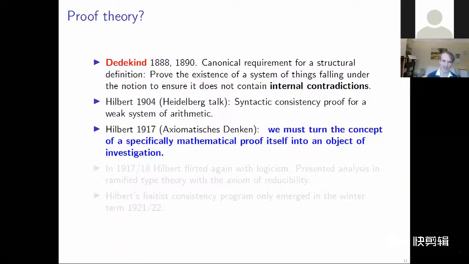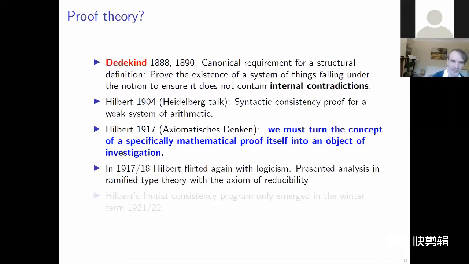So proofs themselves could become mathematical objects that can be investigated by mathematical methods. But at that time, Hilbert hadn't formulated his program. Actually, at that time, he was still looking at founding mathematics on a version of Russell and Whitehead's Principia Mathematica.